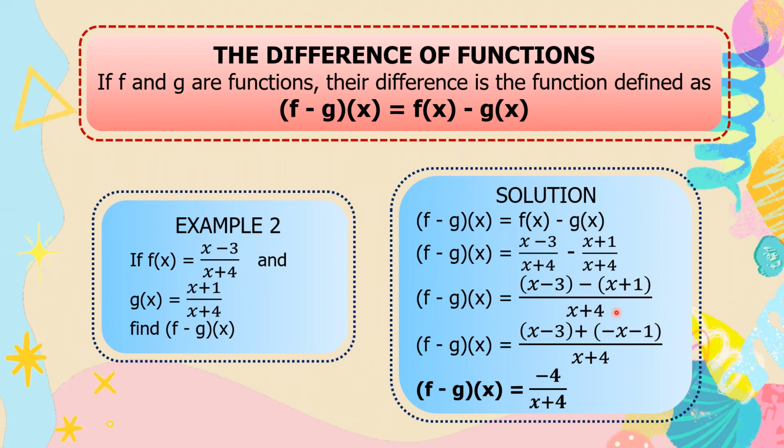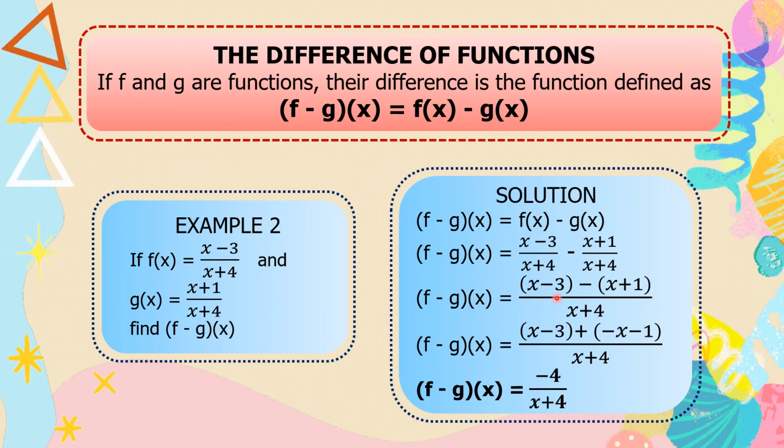So, yung LCD, i-divide natin dun sa denominator. At yung sagot, imumultiply natin sa numerator. So, LCD, which is x plus 4 divided by the denominator x plus 4 is equal to 1. And 1 times yung numerator natin, which is x minus 3, is still x minus 3.